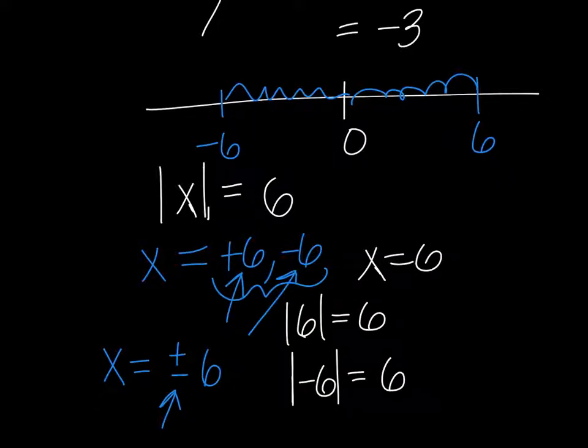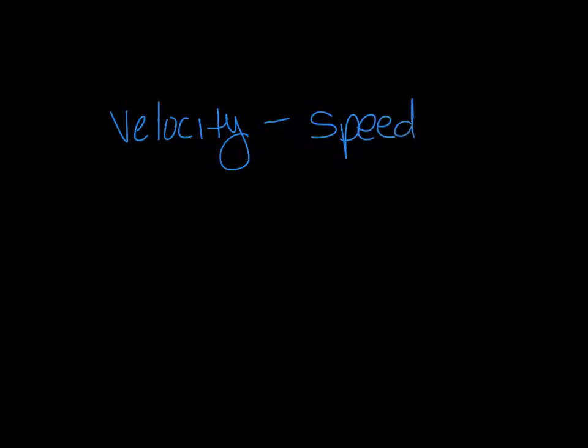Okay, the other thing that we have to talk about is some vocabulary. All right, so if we have the word velocity, okay, so velocity is talking about how fast you're going. And so if you want to write this down, velocity is the speed that you're going, which is how fast, your rate.